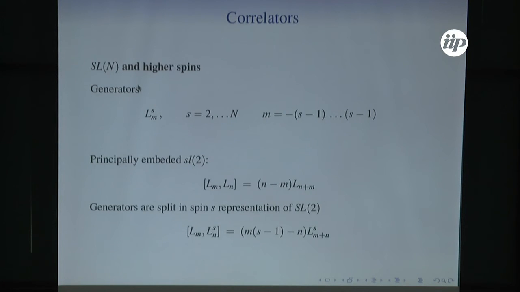So you can split all the generators in groups labeled by spin from 2 to n, and each group will have a number of generators which goes from -s+1 to s-1. Then the generators with any s will be in the spin S representation of SL2 of the same group.